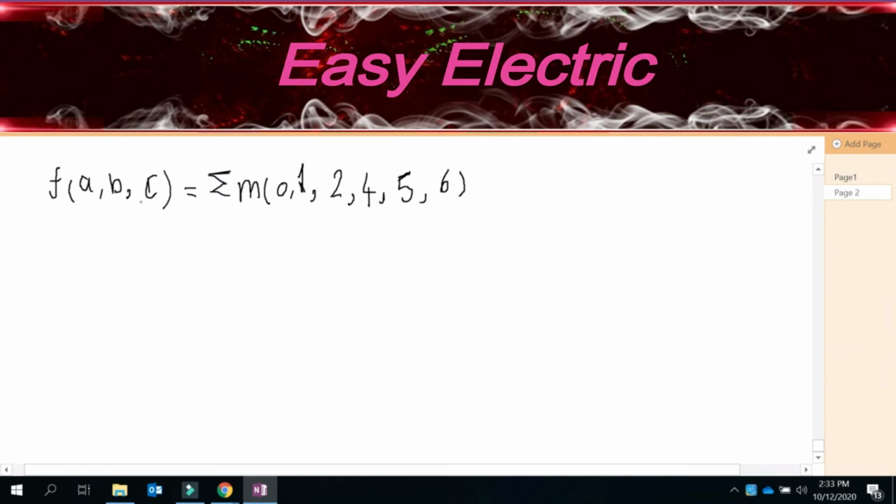You have a function with 3 variables. It is in the standard form. The question is to use the K-map and get the simplest form of the function. The function has 3 variables, so the K-map has 8 squares. So you make the K-map.